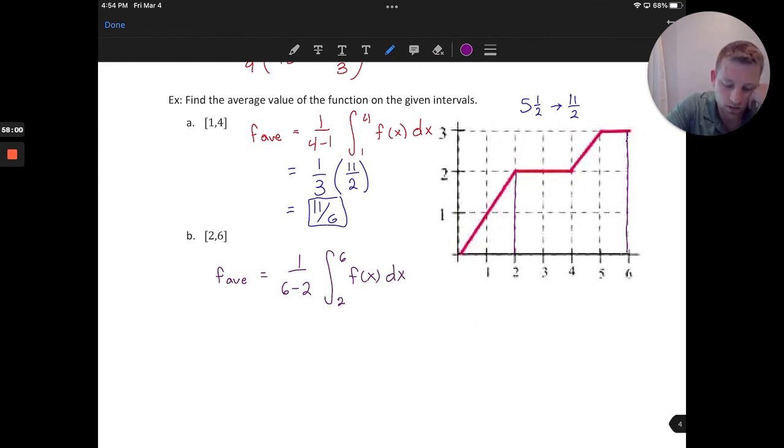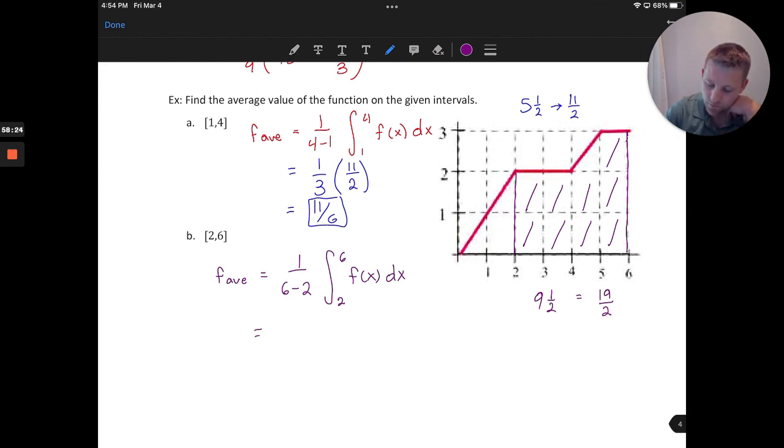Well, we've got 1, 2, 3, 4, 5, 6, 7, 8, 9.5 units of area here. And if we convert that to an improper fraction, that would give us 19 halves.